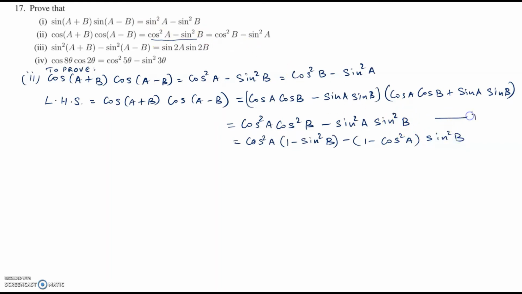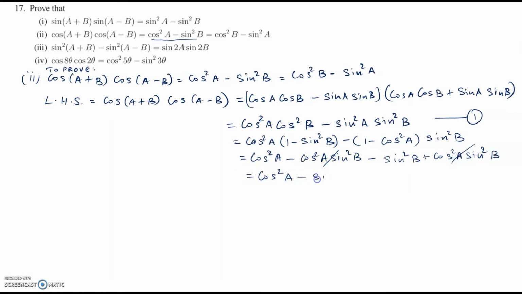Let's actually call this as 1. So this becomes cos squared a, multiplying this inside, minus cos squared a sin squared b minus sin squared b. Minus into minus becomes plus cos squared a sin squared b. Now these two terms can be cancelled, so your answer will be cos squared a minus sin squared b.